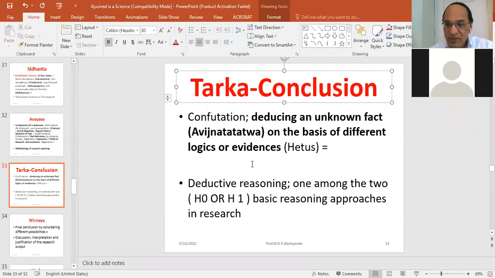For example, previously I did not know that Amrutadi Guggulu is helpful in rheumatoid arthritis patients. So I made a group of 40 people having rheumatoid arthritis and 40 people without rheumatoid arthritis, case control studies. Then I provided the tablets. A control group was given placebo tablets.